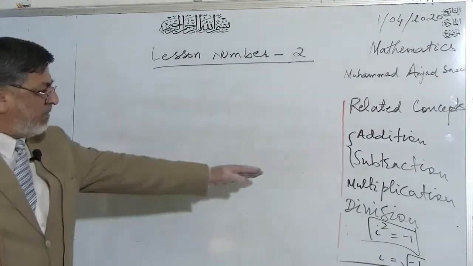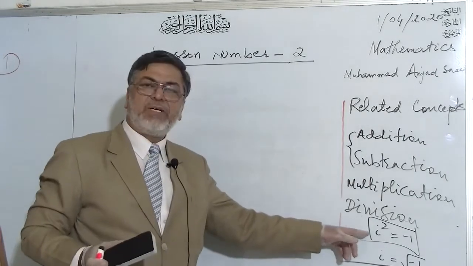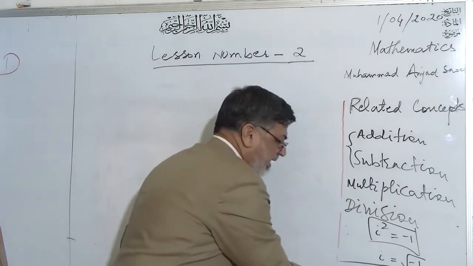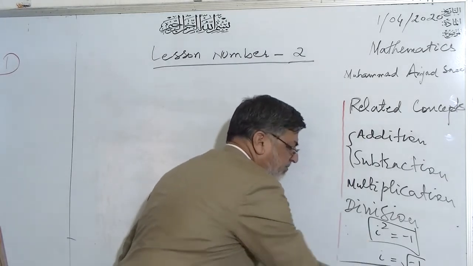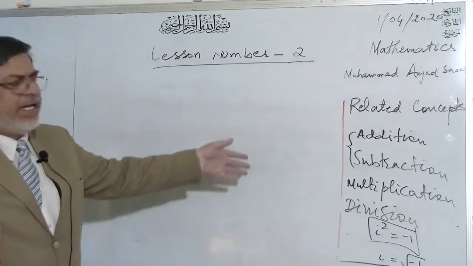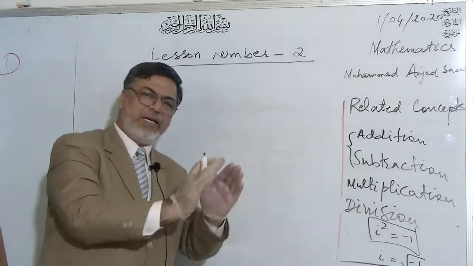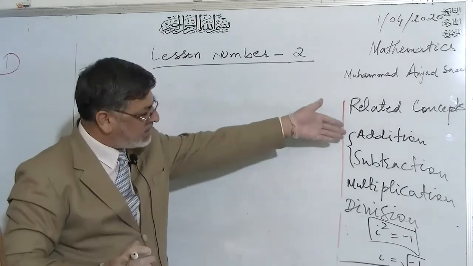In case of multiplication, whenever we are getting iota square, we will use its value as -1 and then simplify. At the same time, similarly, we can combine real with real parts and imaginary with imaginary part, just like the previous case.